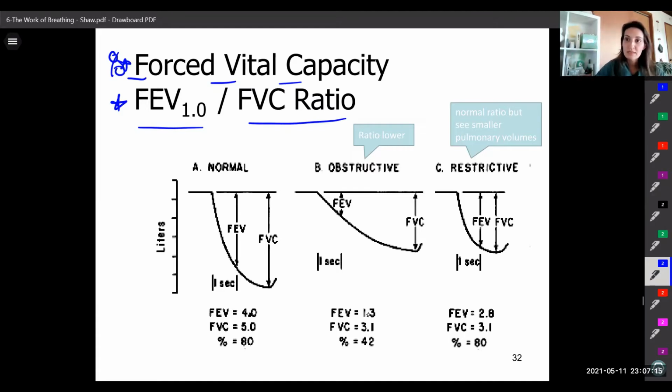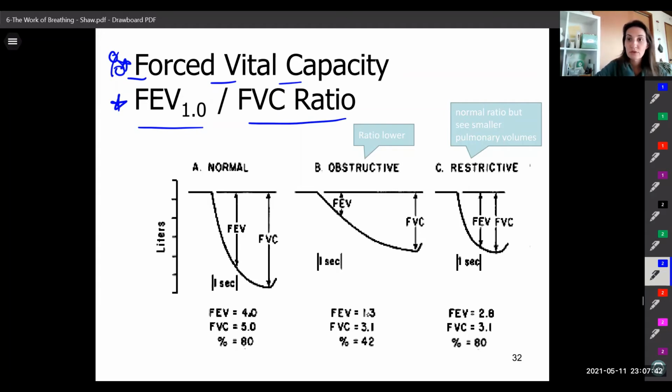Less than 80%, on the cusp of that, requires more testing. 60% or lower is definitely an indication of an obstructive disorder. If you can only exhale 60% of what you initially inhaled during that forced exhalation in the first second, that's problematic. That means you're trapping lots of air.